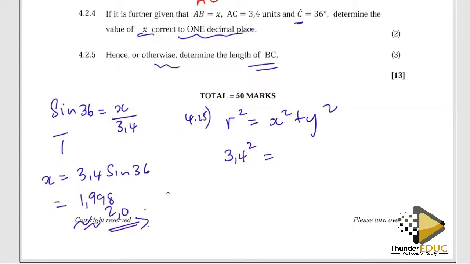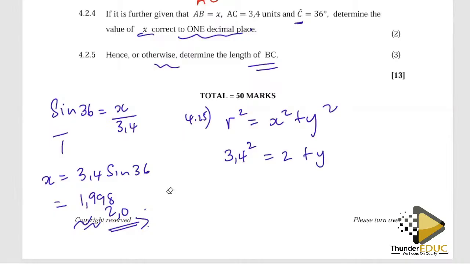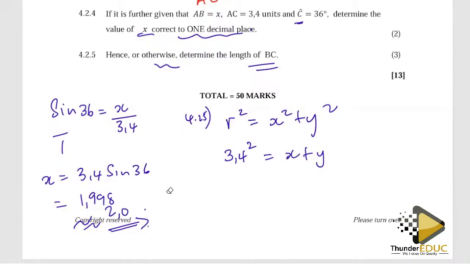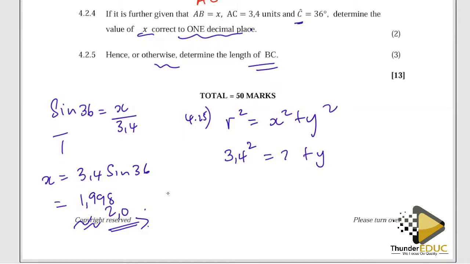We're looking for the x, and then our y before, oh Lord, I'm going to confuse people by saying x and that. Okay, let's use 2 squared there so that we look for the missing side.